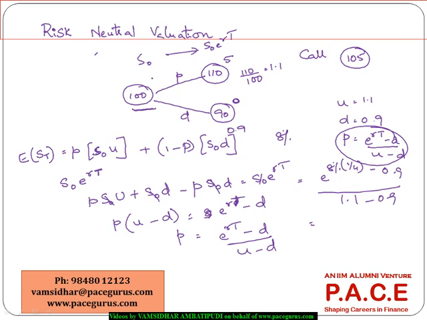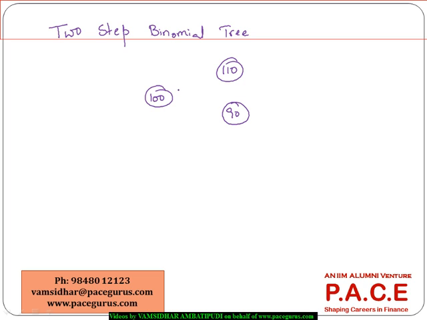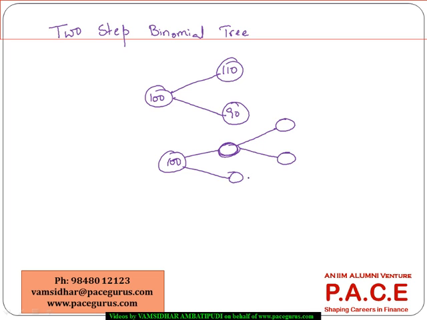And now we will slightly move on towards the two-step binomial tree model. Instead of using the one-step one, we'll use the two-step model, because if we are only talking about a situation where the current price is 100 and after 3 months it's going to be 110 or 90, we are talking about too long a duration. In two steps, it's as good as saying we'll look at it every 1.5 months. It could go either here or here, and if it touches here after 1.5 months, after 1.5 months more it can touch here.